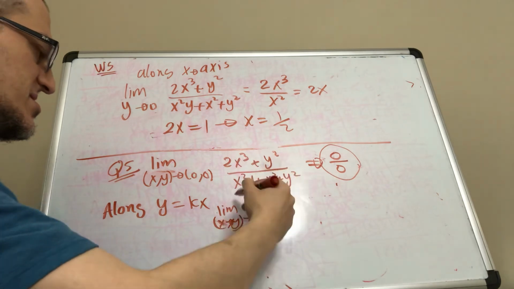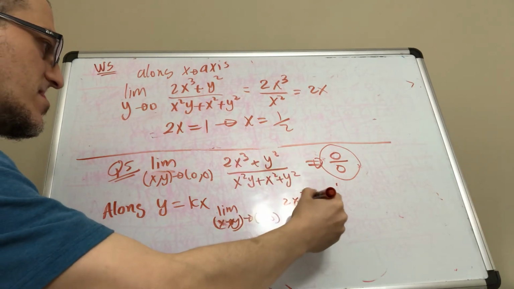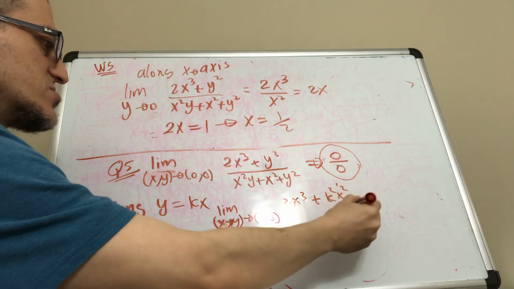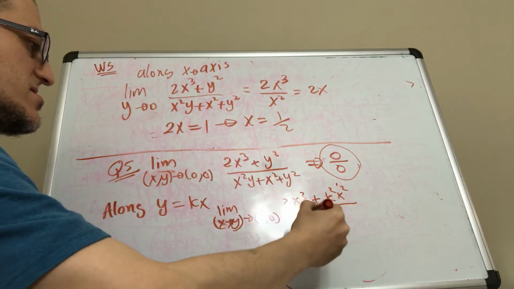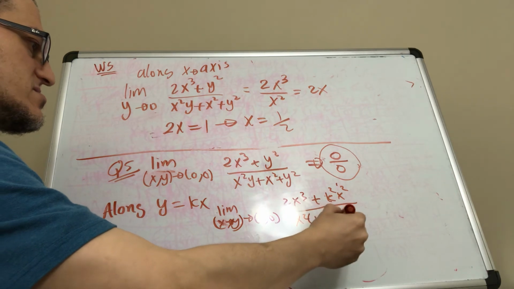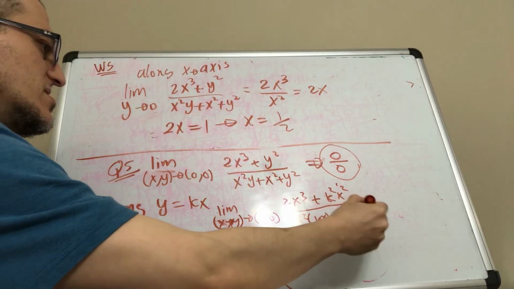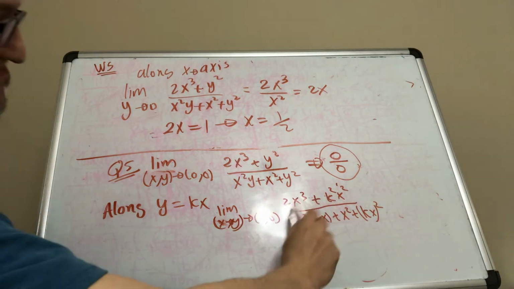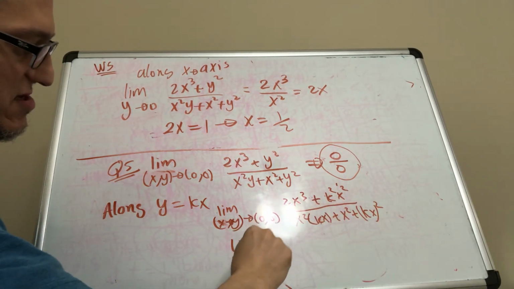If you plug in kx instead of y, it would be k squared x squared, and simplify this.